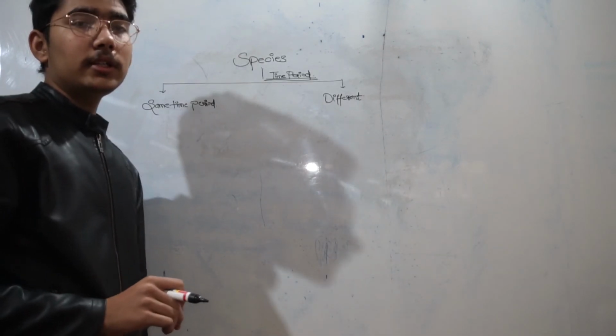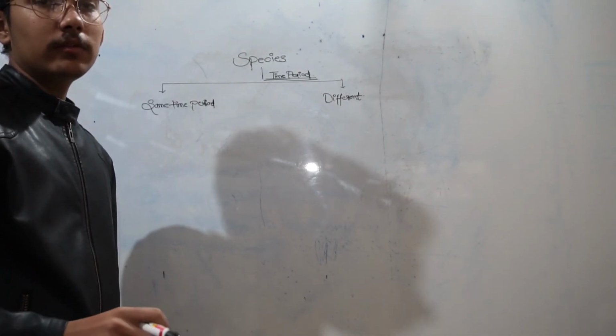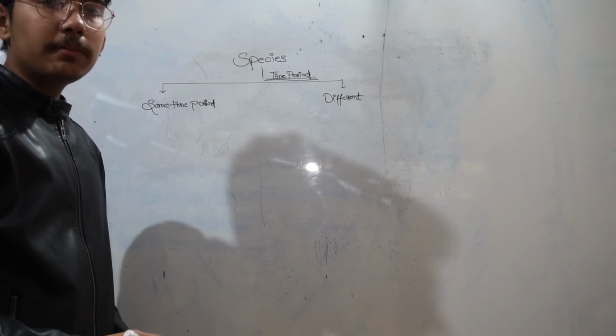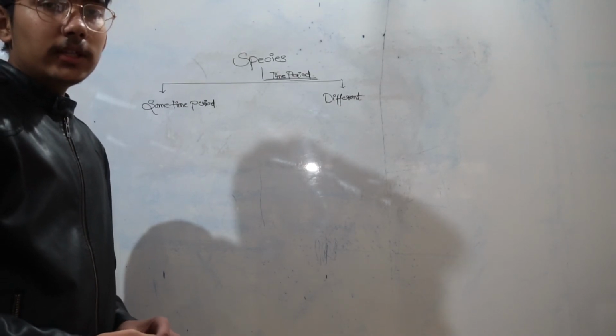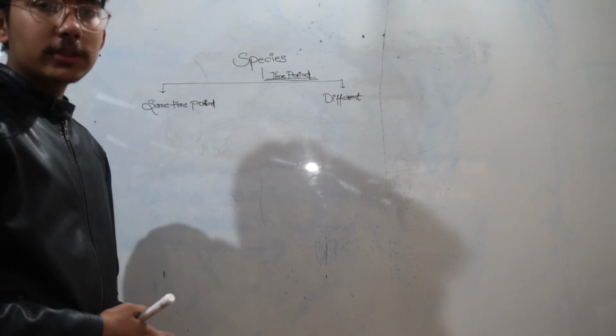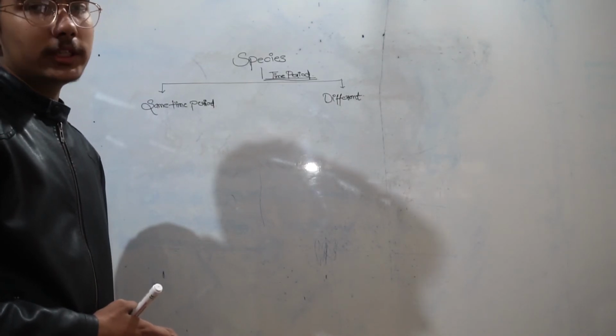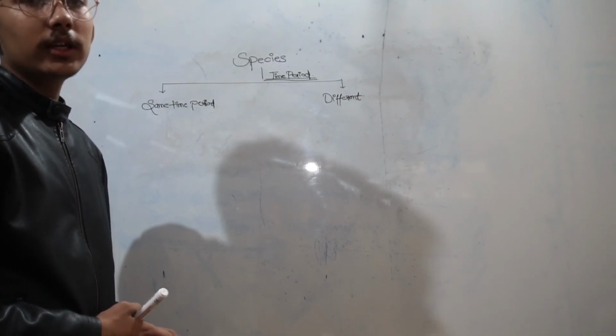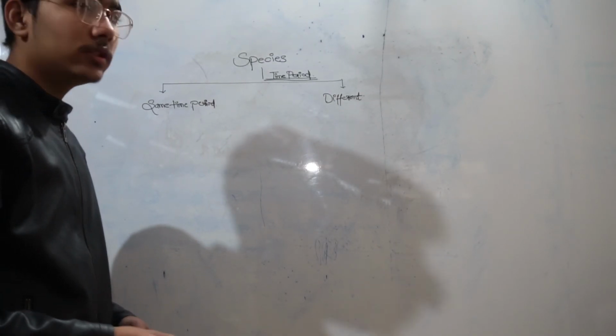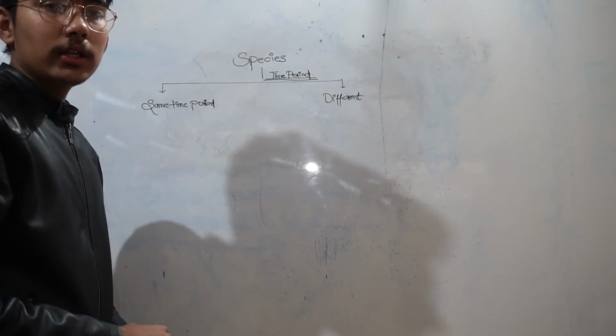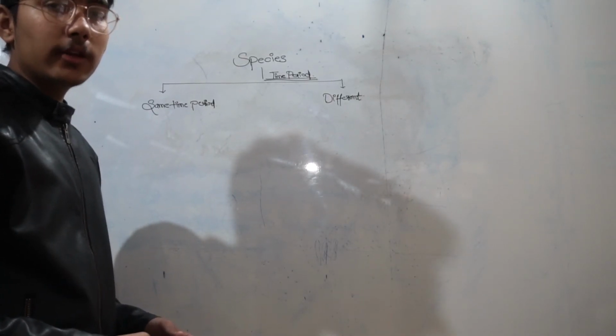I need to correct one thing which I told you. Synchronic means when two species are present in the same time period. I made a mistake there. So here the dinosaurs and angiosperms are allochronic.